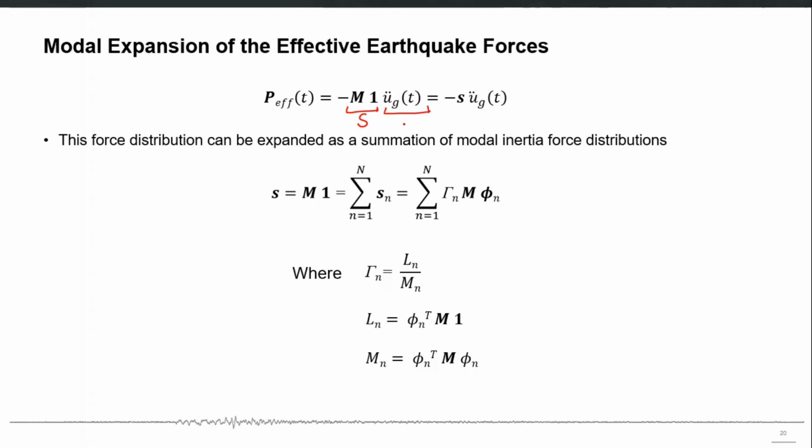So let's represent this m into I as S vector, and let's now expand that S vector as a sum of Sn, where n can be 1 to capital N, the total number of modes.